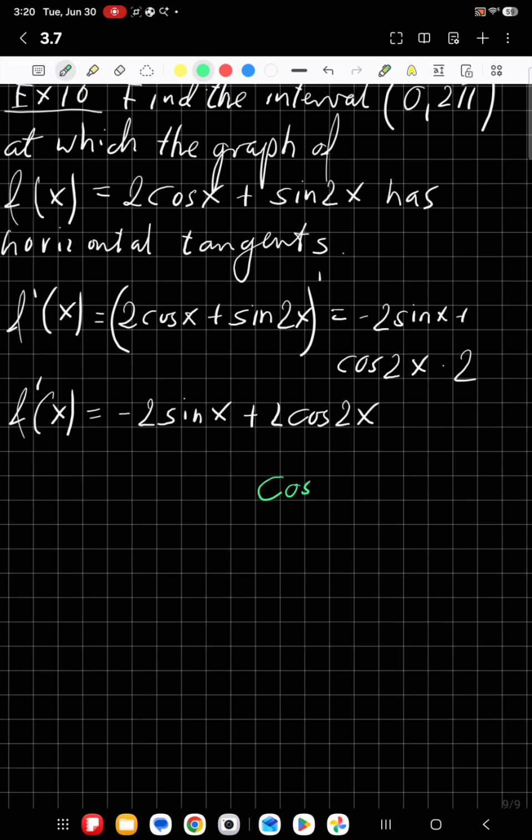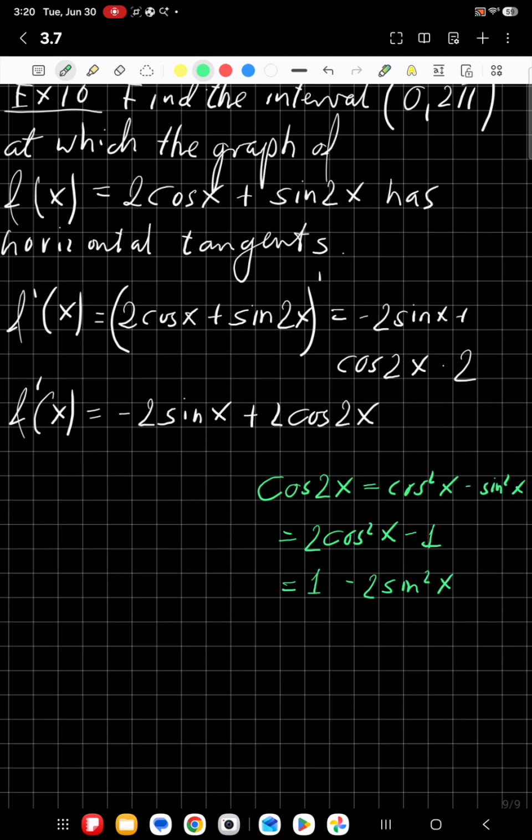Cosine 2x could be cosine square x minus sine square x. That's the first version. Then it could also be 2 cosine square x minus 1. And the last option is 1 minus 2 sine square x.